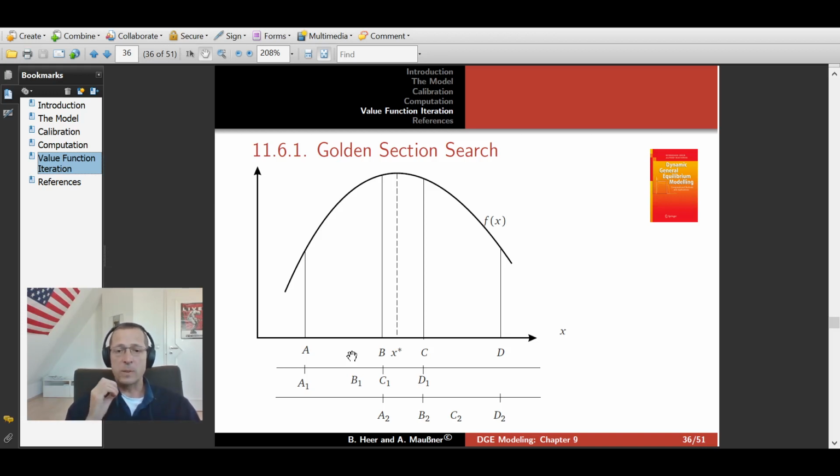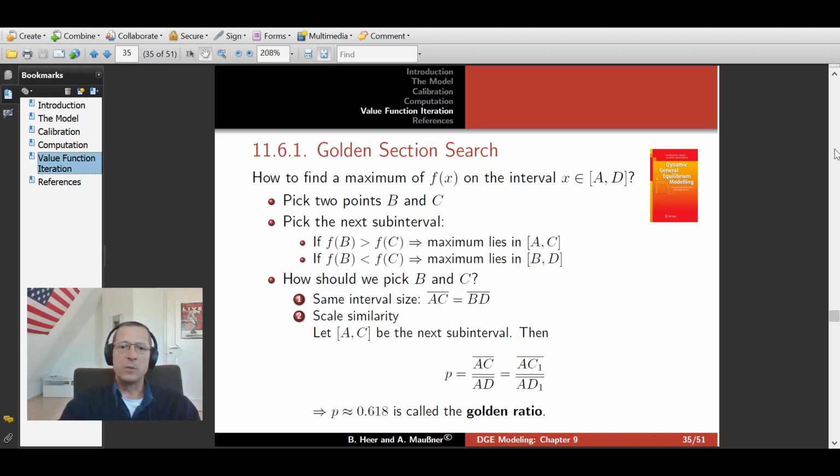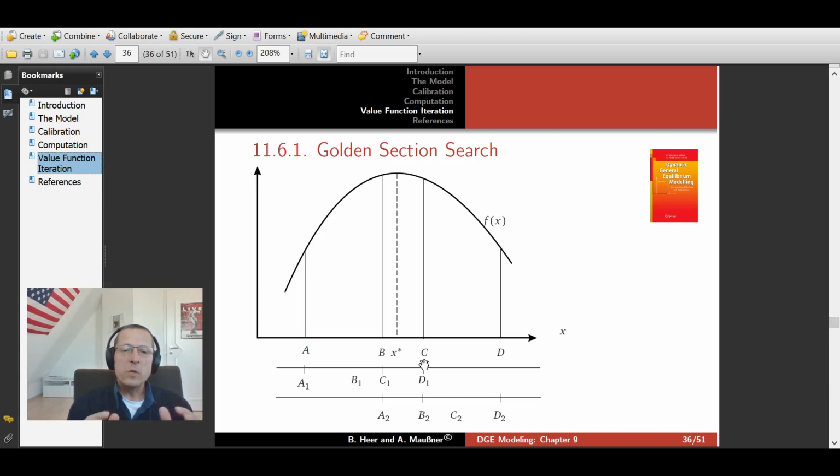Okay, now the question is, how should we pick b and c? And there are two assumptions which are useful. Well, we do not know in advance where we end up, whether the optimal interval is a, c or b, d to search in the next round.